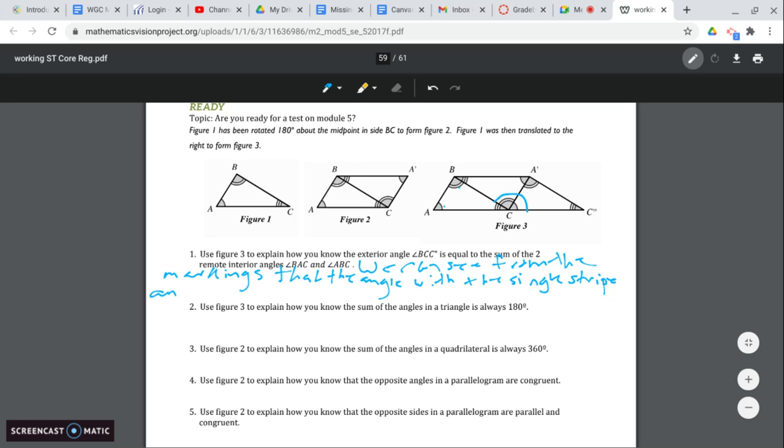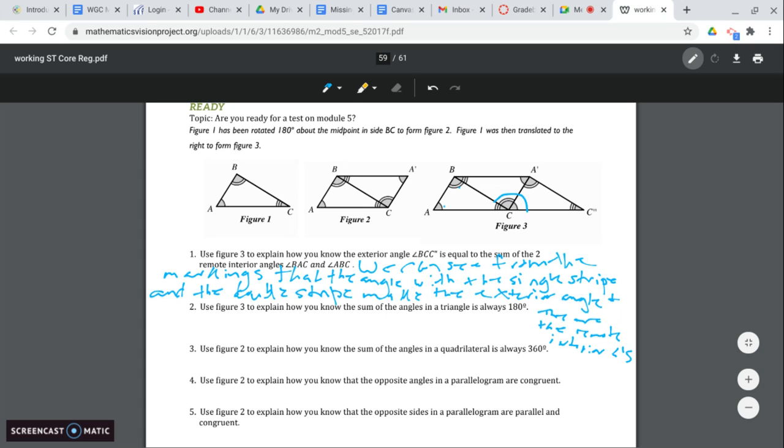and the double stripe make the exterior angle, and they are the remote interior angles.